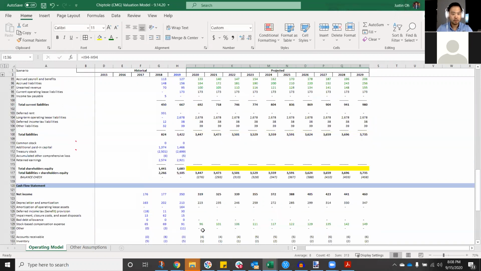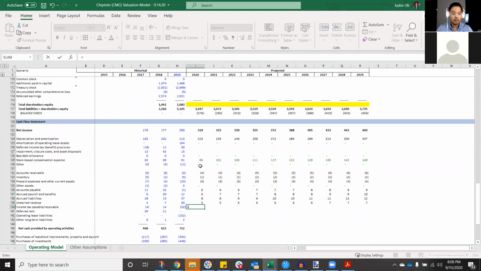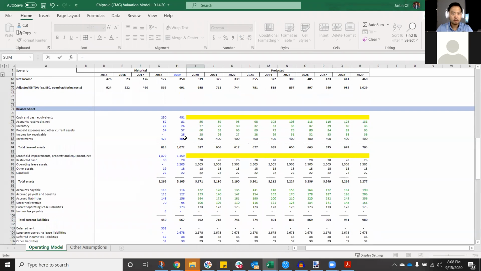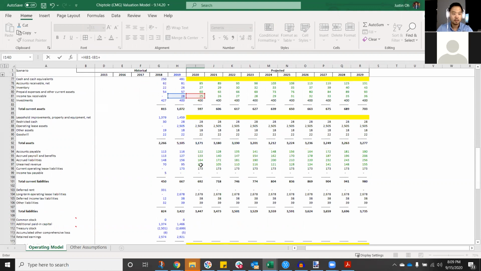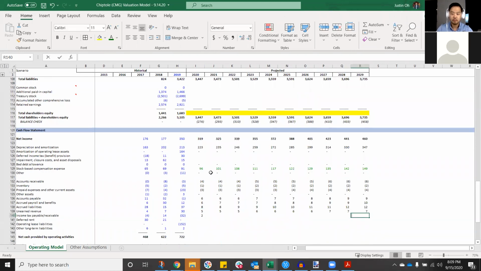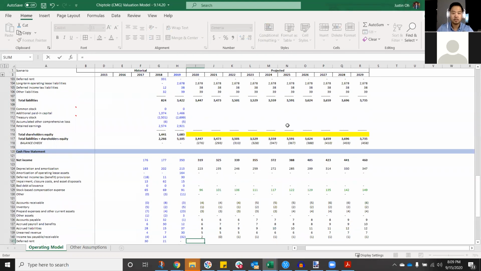Income tax payable, receivable. Okay, so they combine this. So this is right: since it's an asset, last year minus this year, plus income tax payable, which is this year minus last year. Deferred rent equals this year minus last year.